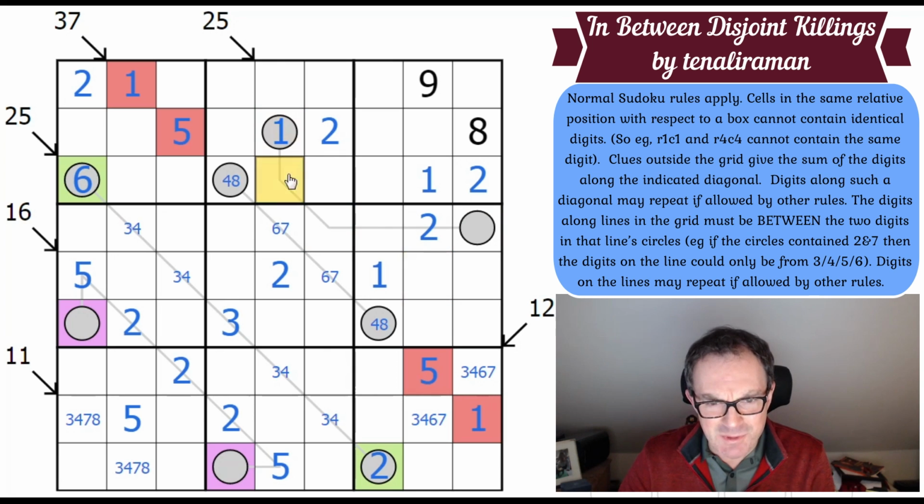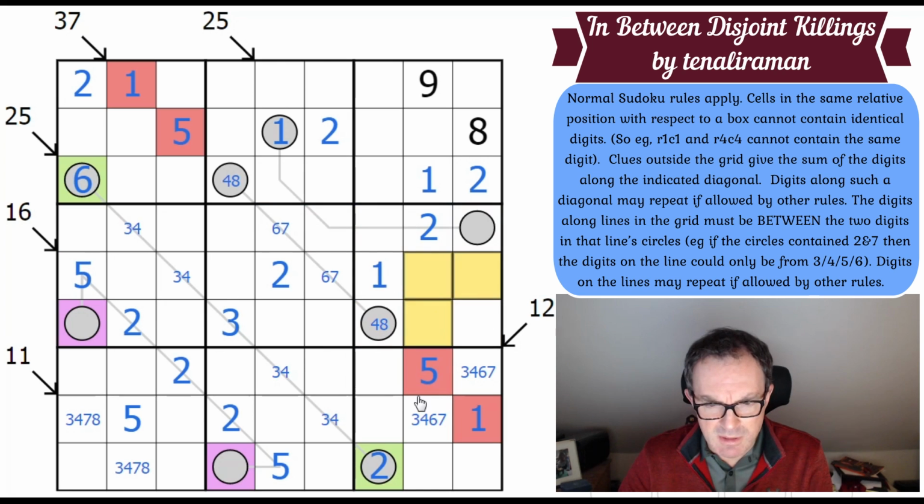I think this between line is the least likely to be the next break in, because this can be any high digit apart from 8. So what goes on this line feels incredibly unrestricted at the moment. Five is a little bit restricted in this box.